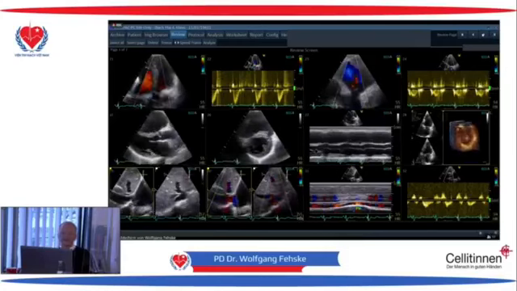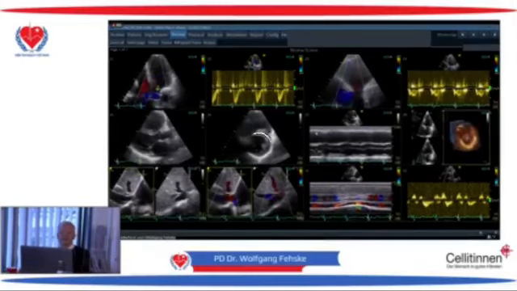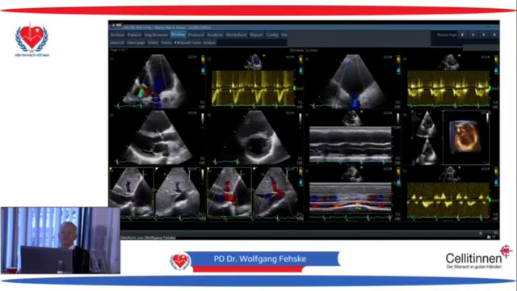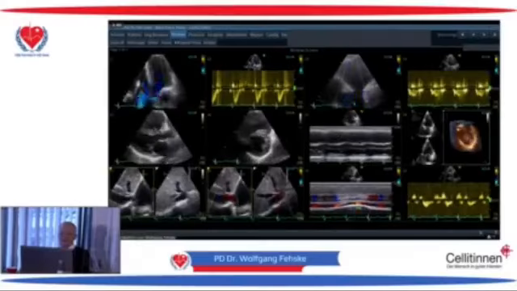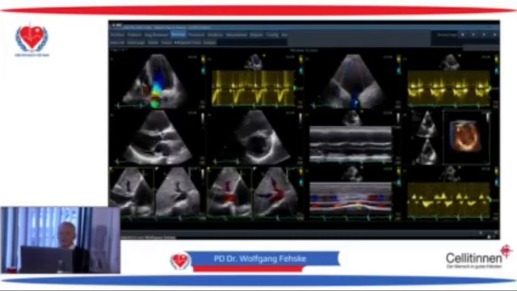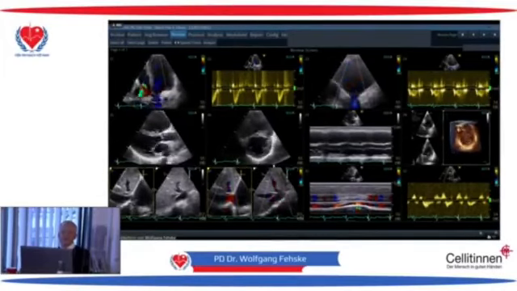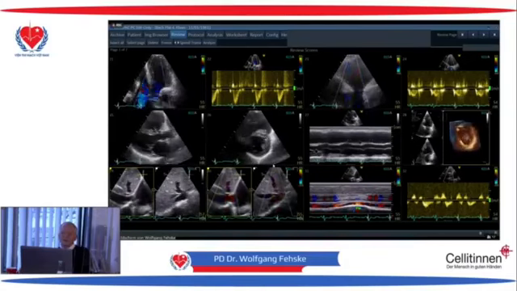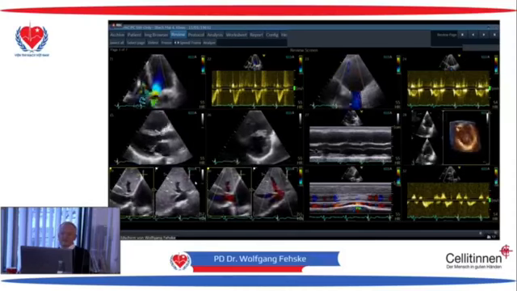The tricuspid valve is that first of all we look at the forward flow, but we must look for the diastolic function of the right ventricle, and this corresponds dramatically to the distension of the liver veins.